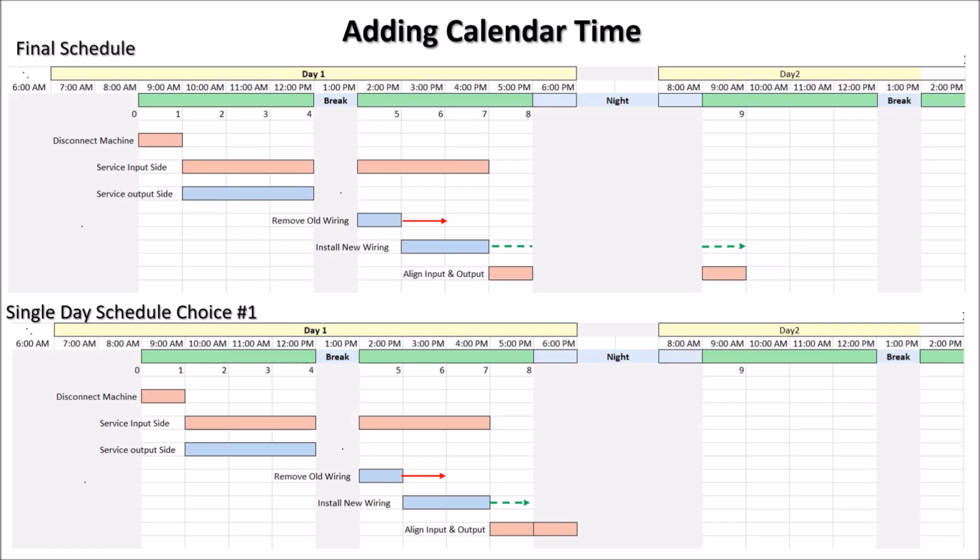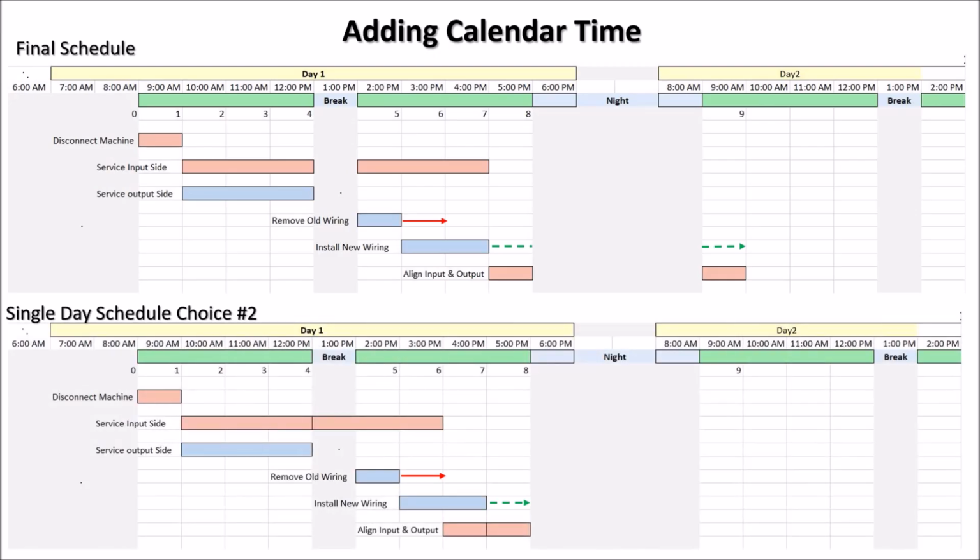So perhaps if we were able to eliminate the break in service the input side, that would make an improvement. So we look at our single day schedule, choice number 2, by eliminating the lunch break for 1 crew on day 1.